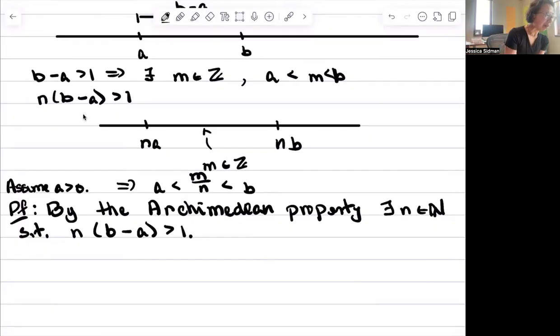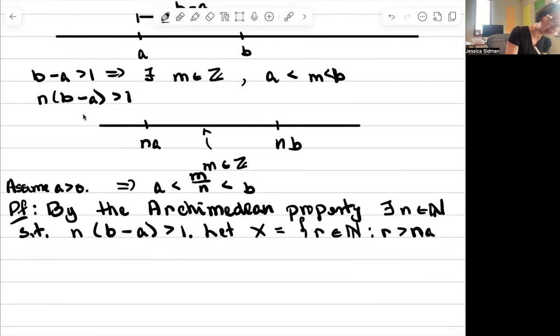And now I'm going to define the following set. Let X be the set of all natural numbers r such that r is bigger than n times a.